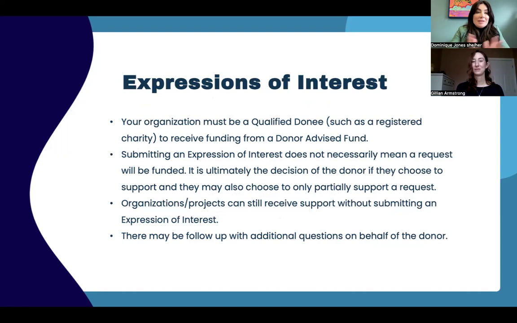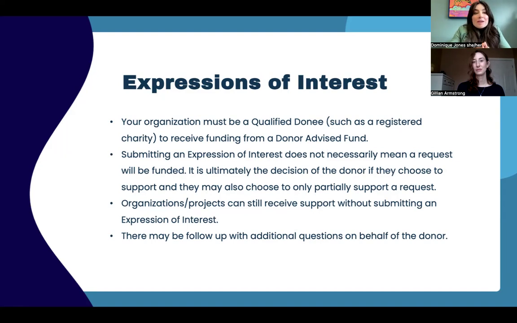Perfect. So the expression of interest, we're very excited about this. It's a great way for you to communicate with us. I'll start by saying, yes, you can fill out multiple ones. It can be for more than one. Just keep in mind that we may be in touch if you have more than one to figure out what your priority is. To submit an expression of interest, your organization must be what we call a qualified donee, as defined by the Income Tax Act through CRA.